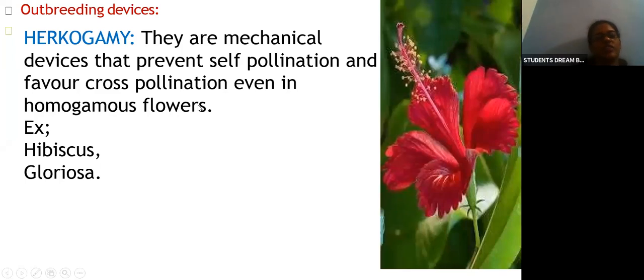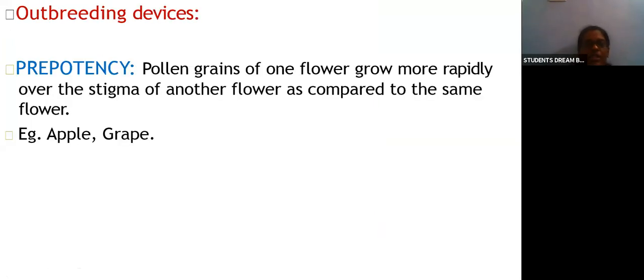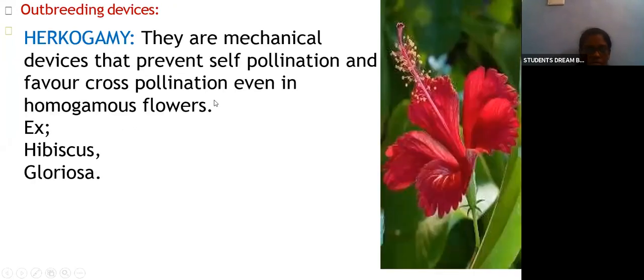Even in homogamous flowers like hibiscus, they mechanically prevent self pollination, so mechanically we are removing one of the structures. When that happens, self pollination will not happen even within the same homogamous flower. So that is hercogamy.